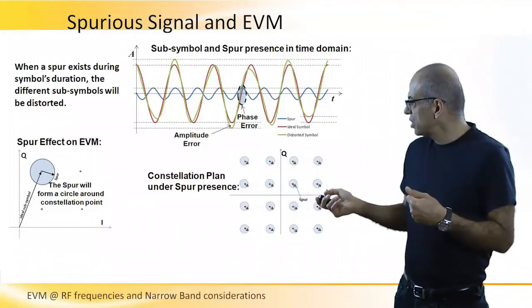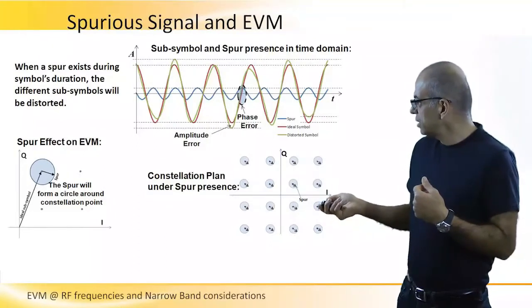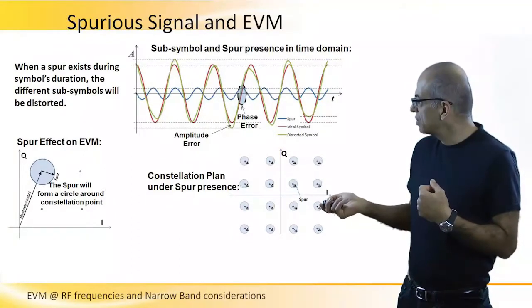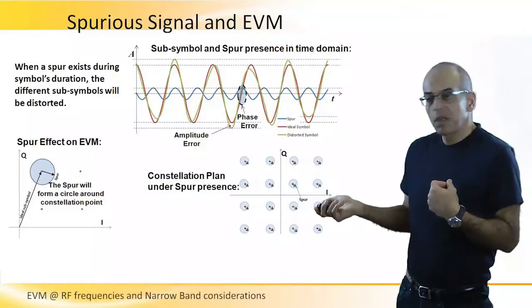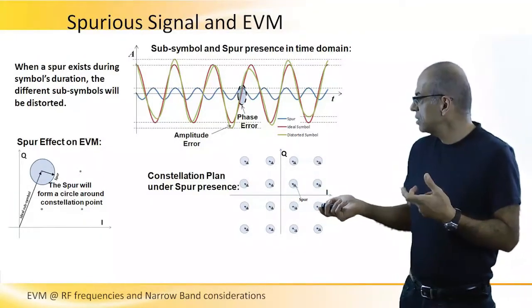And actually, if we add these two signals in time domain, we can see that it creates both amplitude and phase errors that are periodic.